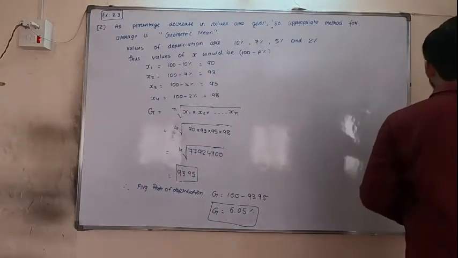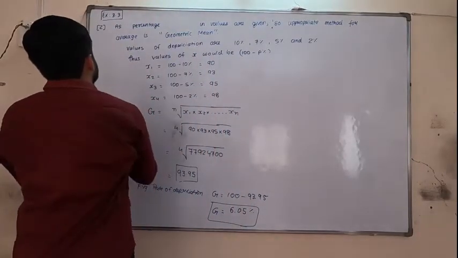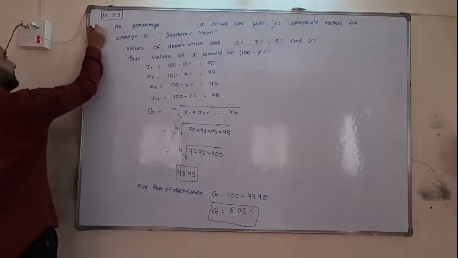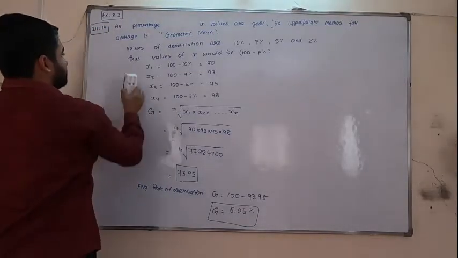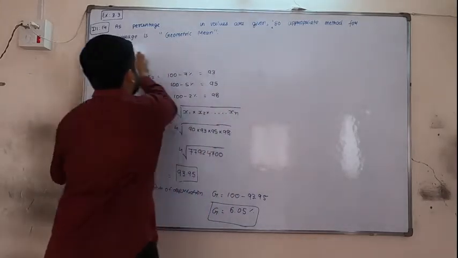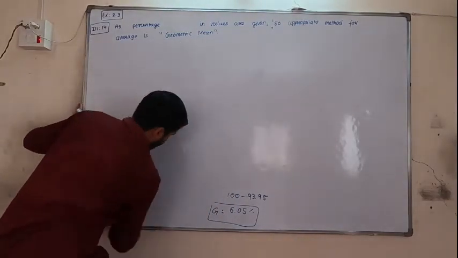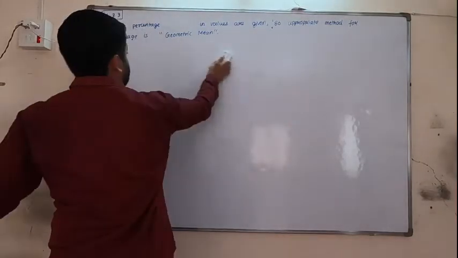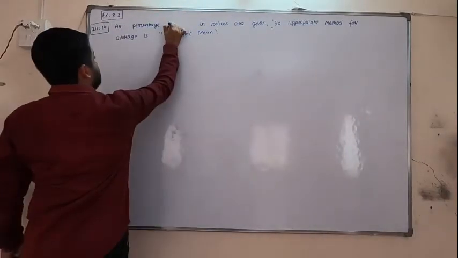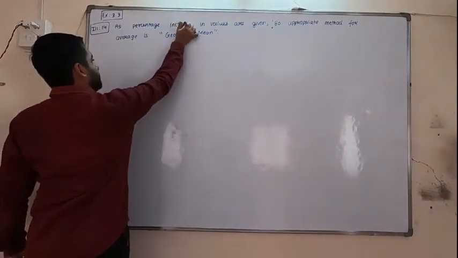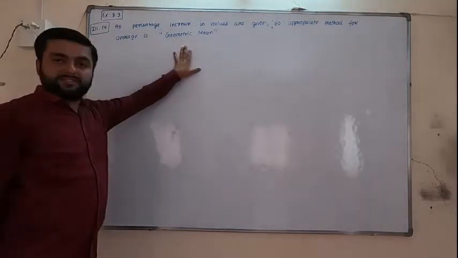So again you will write this sentence as illustration 14. Percentage increase in the values is given, so the appropriate method for average is geometric mean.